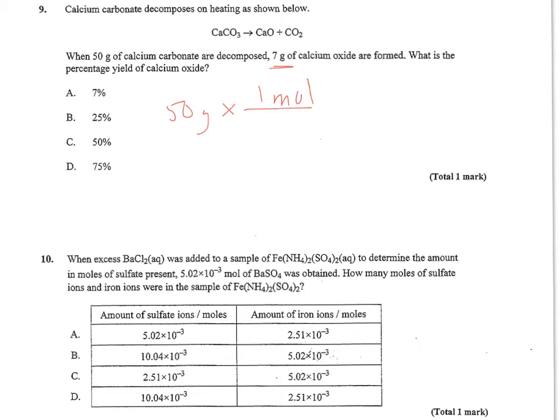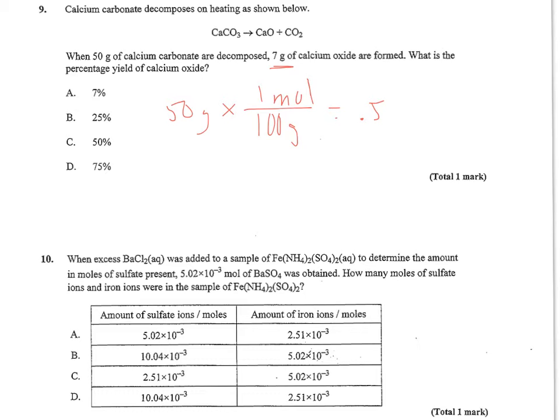Calcium's around 40. Carbon's 12. The 3 oxygen are 48. So we're looking right around 100 grams. And those are molar masses IB would expect you to be familiar with. Calcium is element number 20, and the mass is roughly double that. Carbon's 12, oxygen 16. So we're talking about half a mole of calcium carbonate, which is also half a mole of calcium oxide.